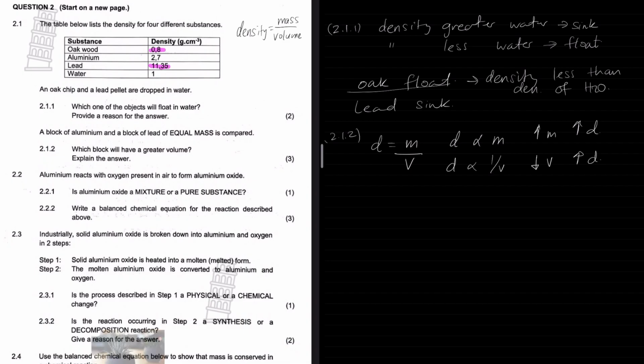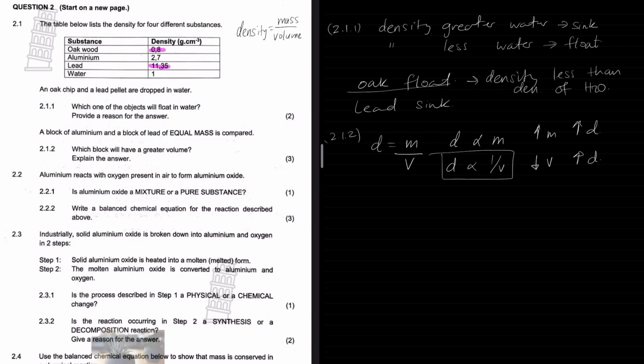So if we have the same mass, we are not looking at mass, we are comparing volume. So we want to know which block will have the greater volume. The one that's going to have the greater volume is the one that's going to have the smaller density. Because remember, they are inversely proportional.